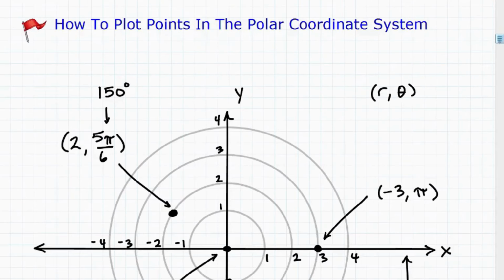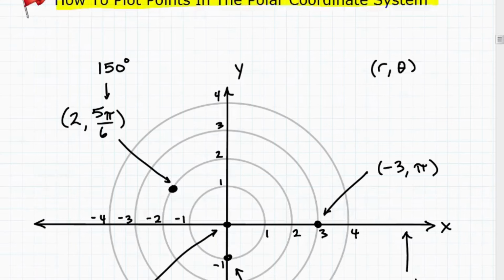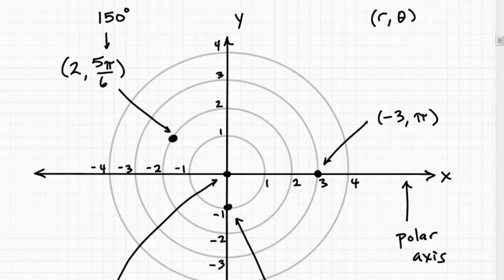Now, what I'm going to get into can be confusing. I just gave you the basics of the polar coordinate system, and now we're going to talk about how to plot points in it. I showed you an example, but we're going to make this more precise. Here is our XY plot, and these little circles help us define what the radius is.